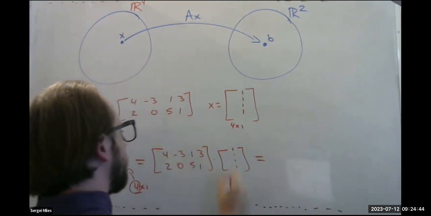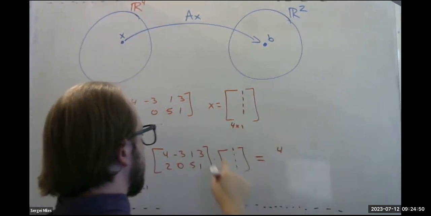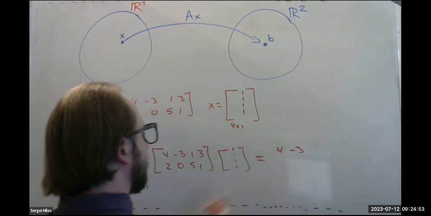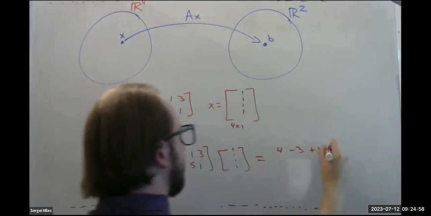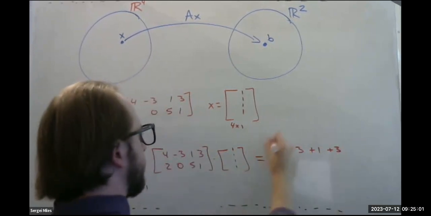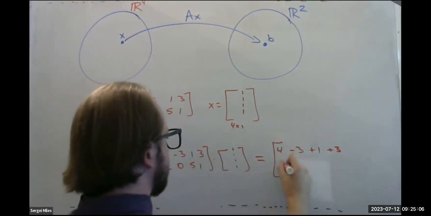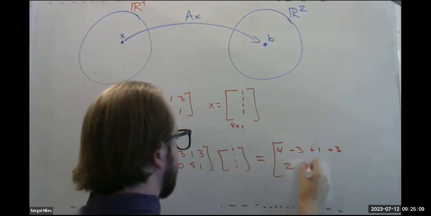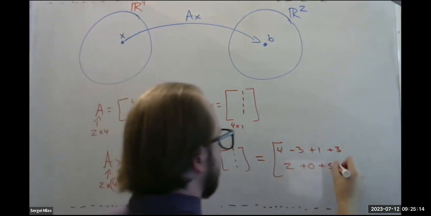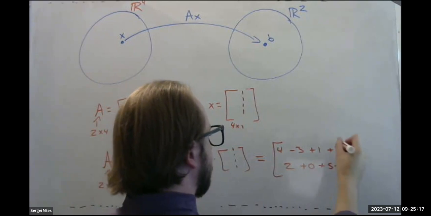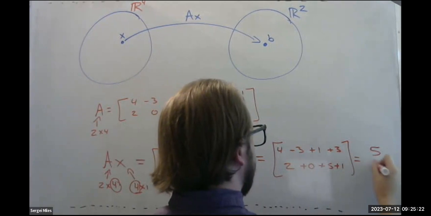So I'm going to take the first row times the first column. 1 times 4 is 4. 1 times -3 is -3. 1 times 1 is 1. 1 times 3 is 3. Okay, that's going to give me the first entry. And then I'm going to have 2 times 1 is 2. 0 times 1 is 0. 5 times 1 is 5. 1 times 1 is 1, right? So my output here is going to be 5, 8.